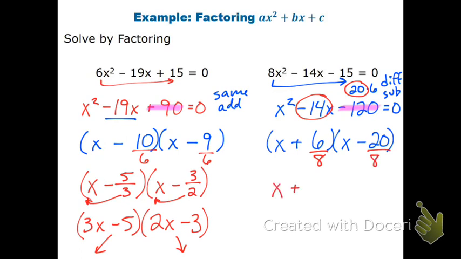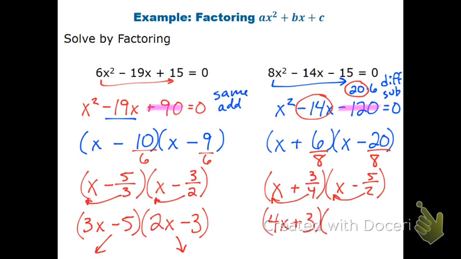They both don't divide evenly, so I need to reduce them down to 3/4 and then 5/2. Then do my bottoms up step, and get 4x plus 3 and 2x minus 5. Split it up into two separate equations and then go ahead and solve.